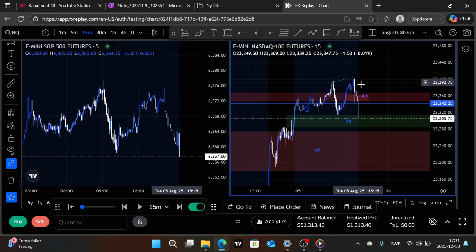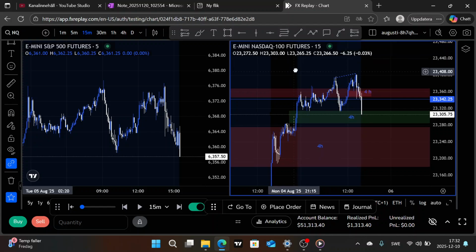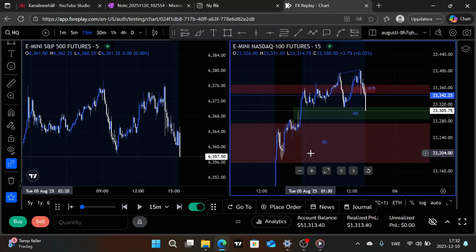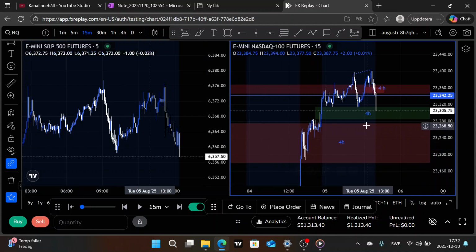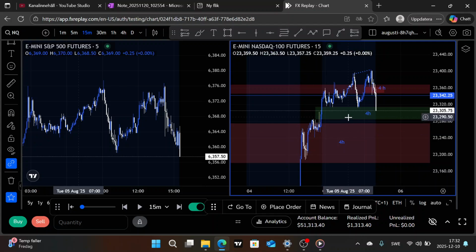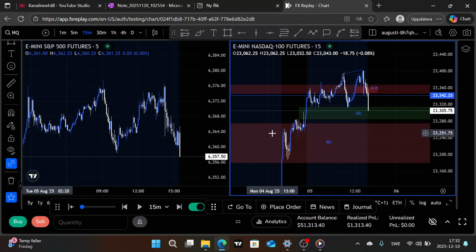So we have an SMT, we feel the change in state of delivery to be, and then we sweep this internal sell side, and in the moment we move lower. So I really need to see if these bullish fair value gaps hold.